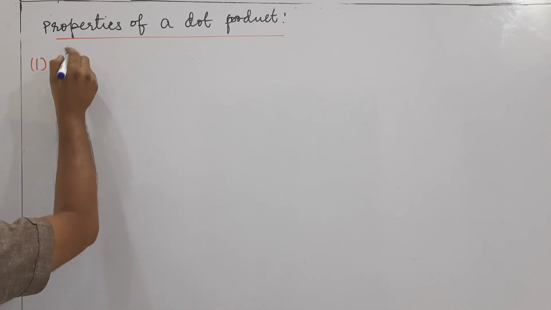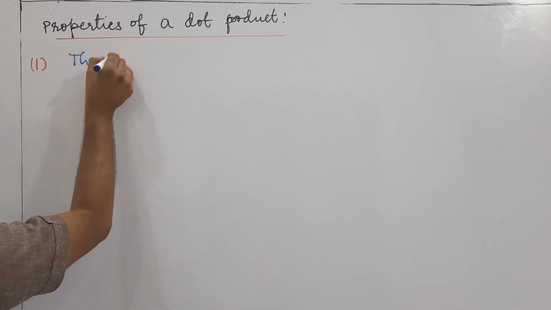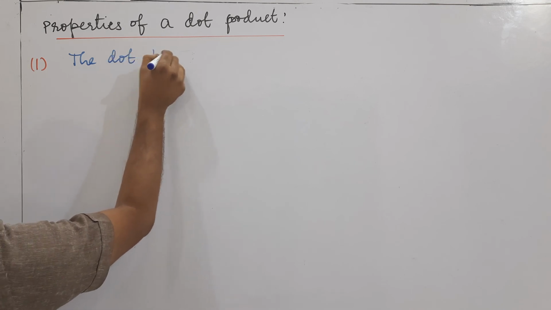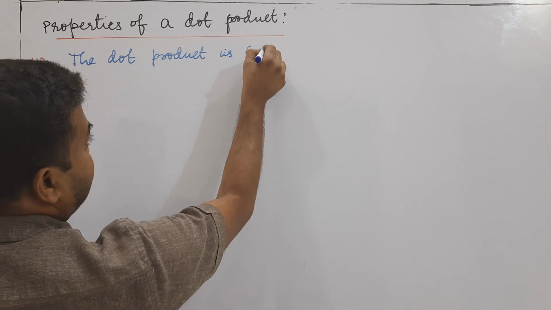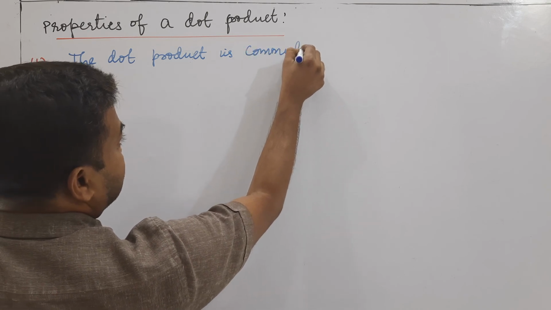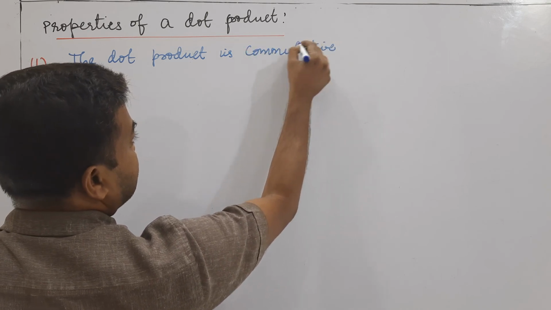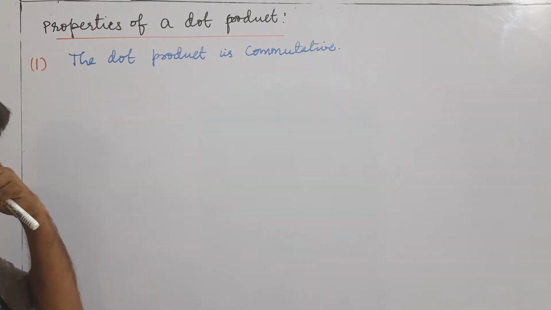is the dot product is commutative, means it obeys the commutative law.